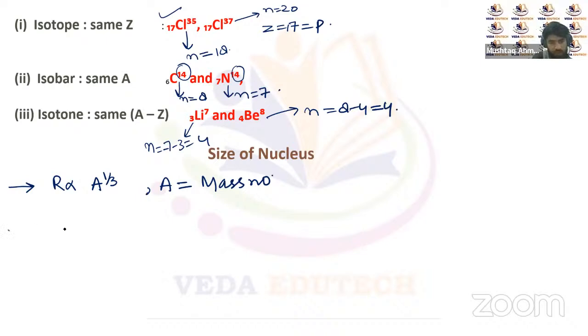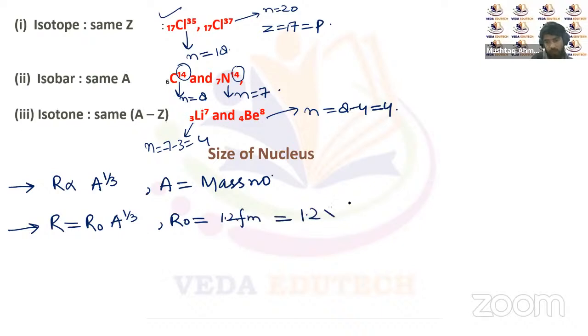So we can replace this proportionality with R naught A to the power 1 by 3, where R naught has the dimensions of length, and it's equal to 1.2 femtometer, or we can say it has the value 1.2 into 10 to the power minus 15 meters. So this is how we can calculate the radius, or size, of a nucleus. The size of a nucleus is proportional to A to the power 1 by 3.